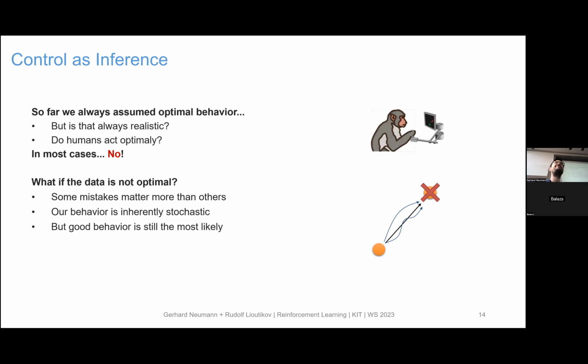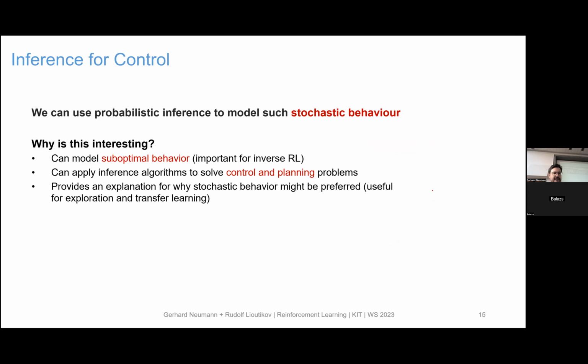So for this point where it matters, we have accurate control. That can be much better described by inference, because it can also model suboptimal behavior.